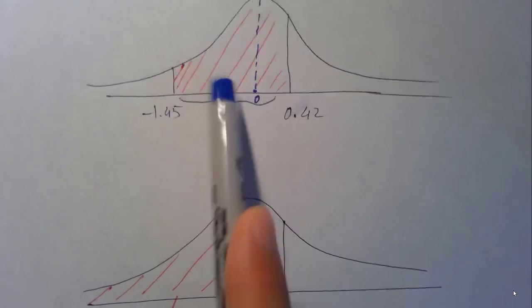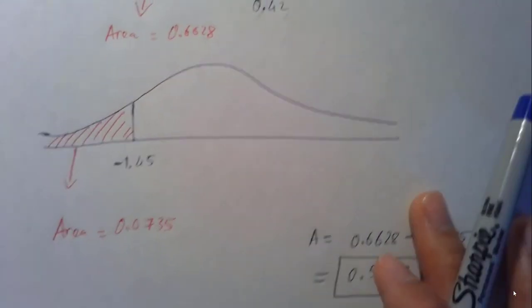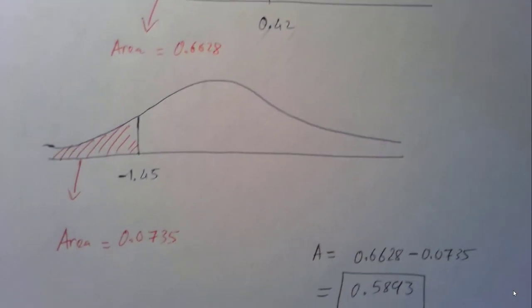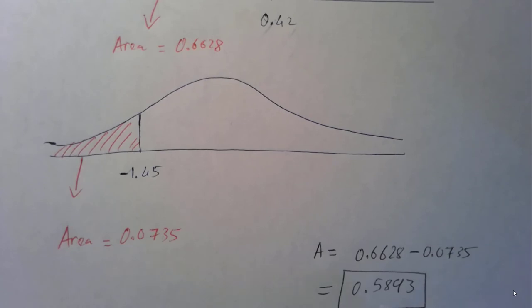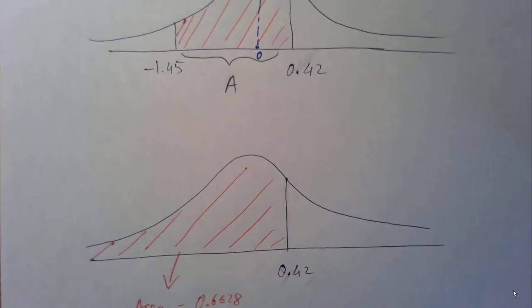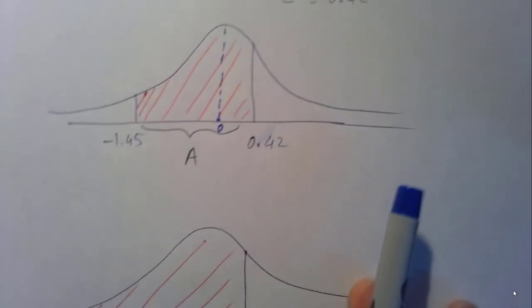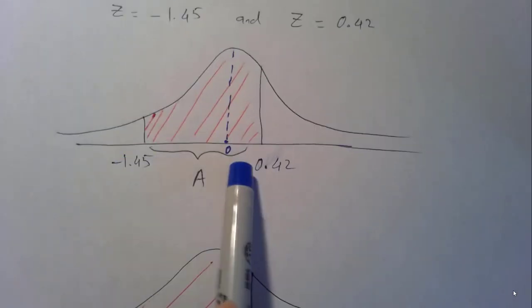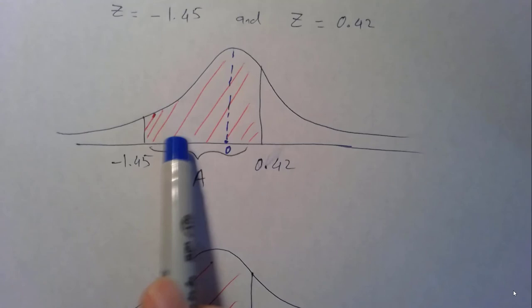So we just take the two values and subtract, and we get 0.5893 as the area between the negative and positive z-scores.